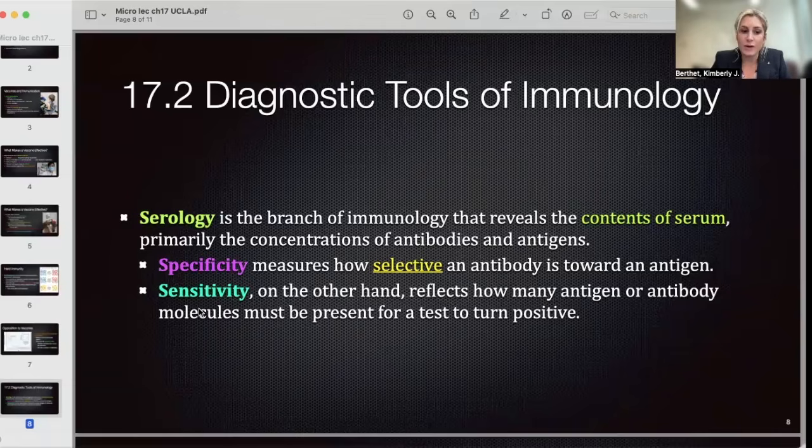So if you did an at-home COVID test, the sensitivity of those are not great. So you could have a COVID infection, but not a high enough viral load that the test would actually pick it up. So whether it was picking up antibody or antigen, the test wasn't able to pick it up. So you would have to wait a couple more days, test again to see if it became positive.